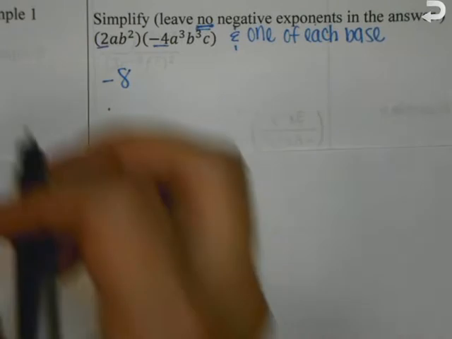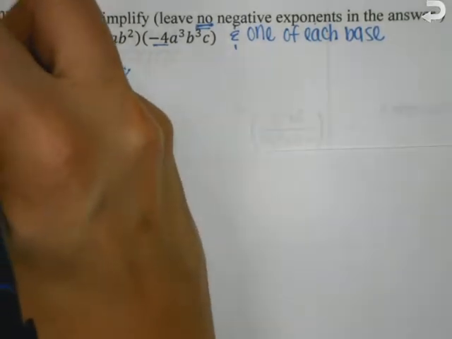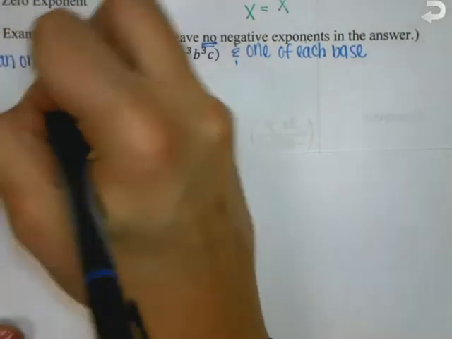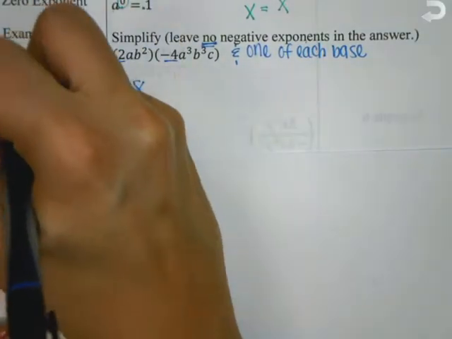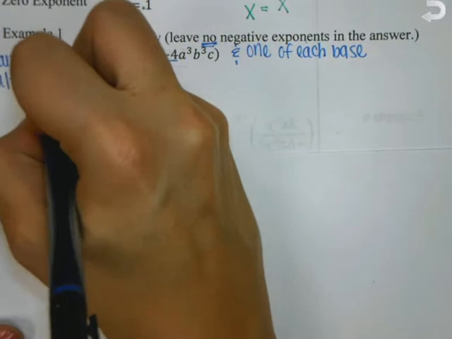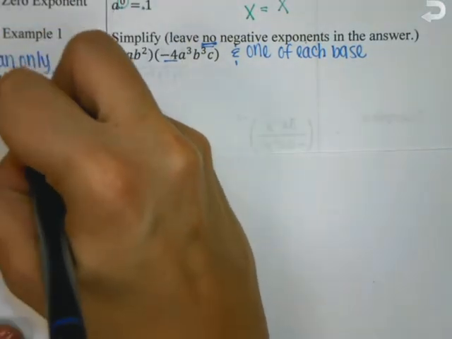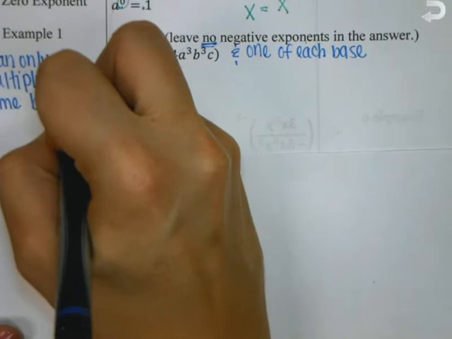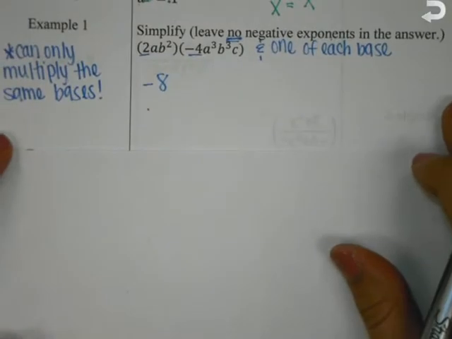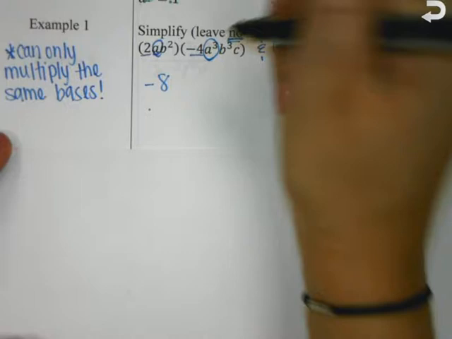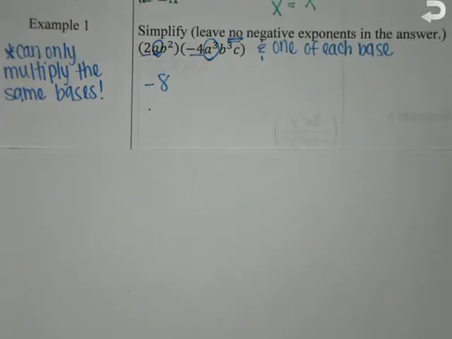You can only multiply the same bases. Okay, so what does that mean? That means I can only multiply a times a. And what I'm going to do first is show each step just so that we can get used to doing this. So I'm going to combine my a's with 1 base.